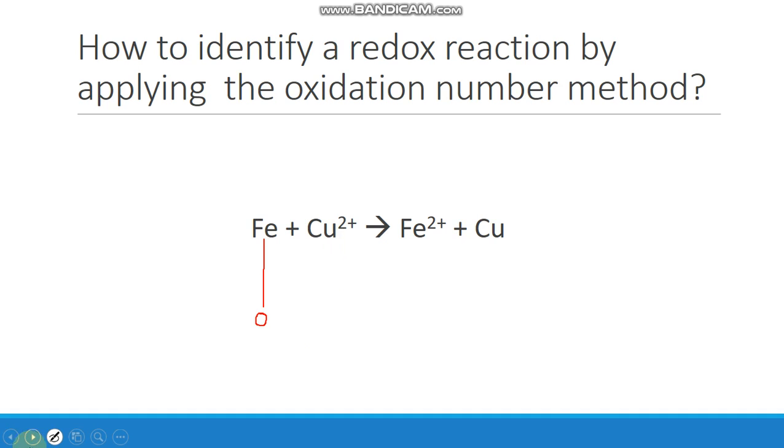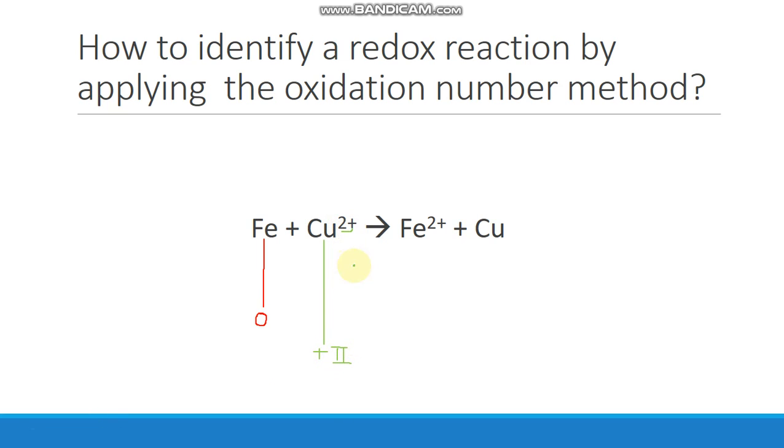I'm going to change the color to green, for example. Cu2+ is a monoatomic ion, so its oxidation number is equal to its charge. So the charge is +2. Why? Because the oxidation number is +2 because the charge is 2+.